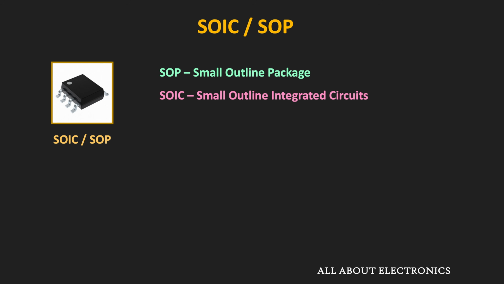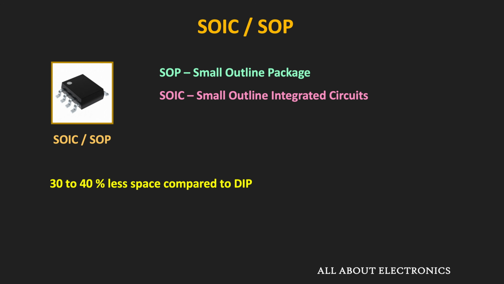Here, SOP refers to the small outline package, and similarly, SOIC refers to the small outline integrated circuit. The terms SOIC and SOP are often used interchangeably, but both packages refer to the small outline package. And these packages occupy 30 or 40% less space compared to DIP packages. That is the main reason they have replaced the DIP packages in modern PCBs.